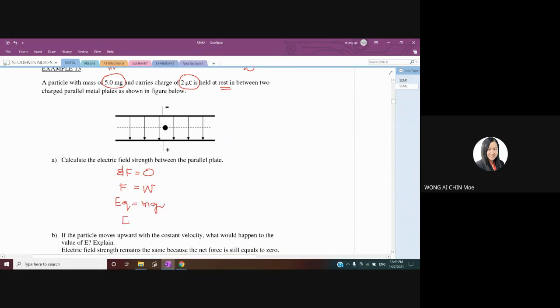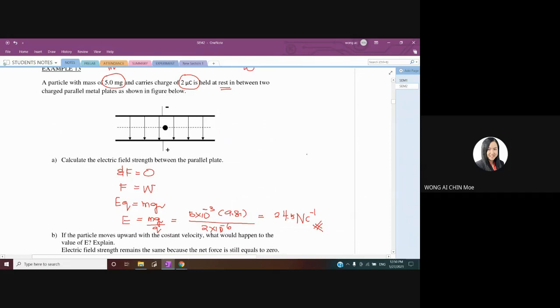So finally, our E will equal mg over Q, where m they give you 5 milli, so 5 times 10 to the power of minus 3, times 9.81. The charge is 2 micro. Press the calculator, and you will get 24.5 Newton per coulomb. So this is the answer.